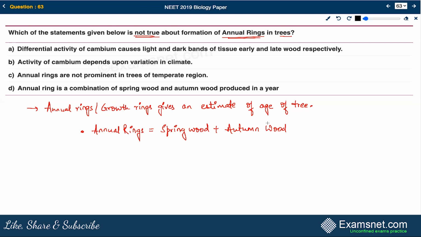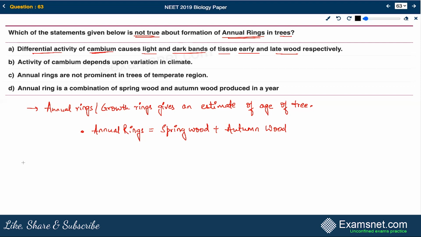Now, this says that differential activity of cambium causes light and dark bands of the tissues, early and late wood respectively. So this is actually a correct statement because growth rings are formed as a result of the differentiation activity or the seasonal activity of the cambium.